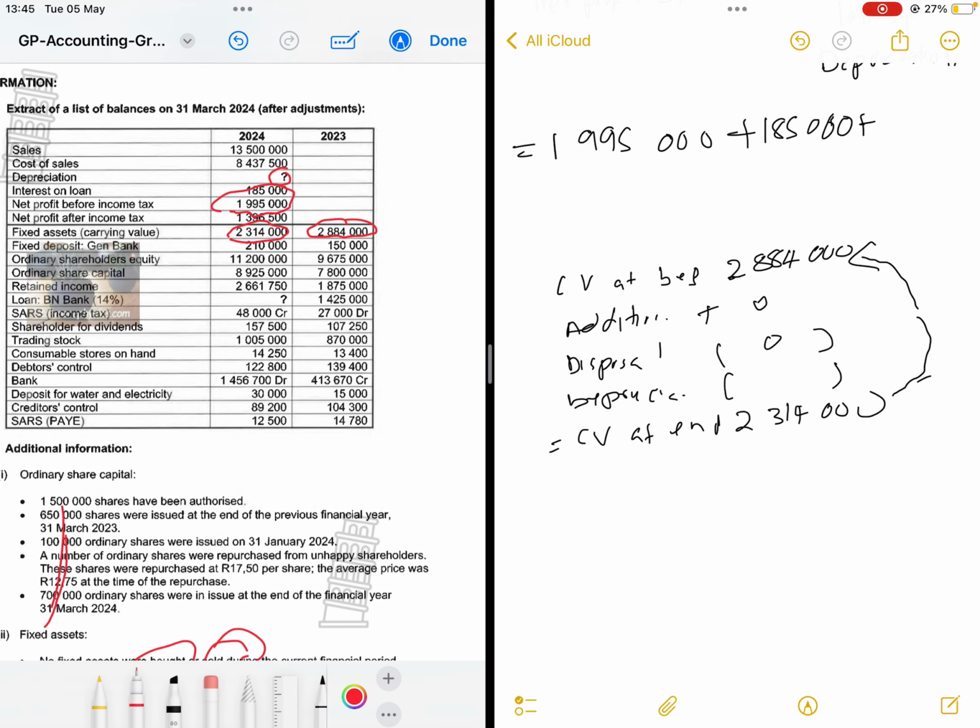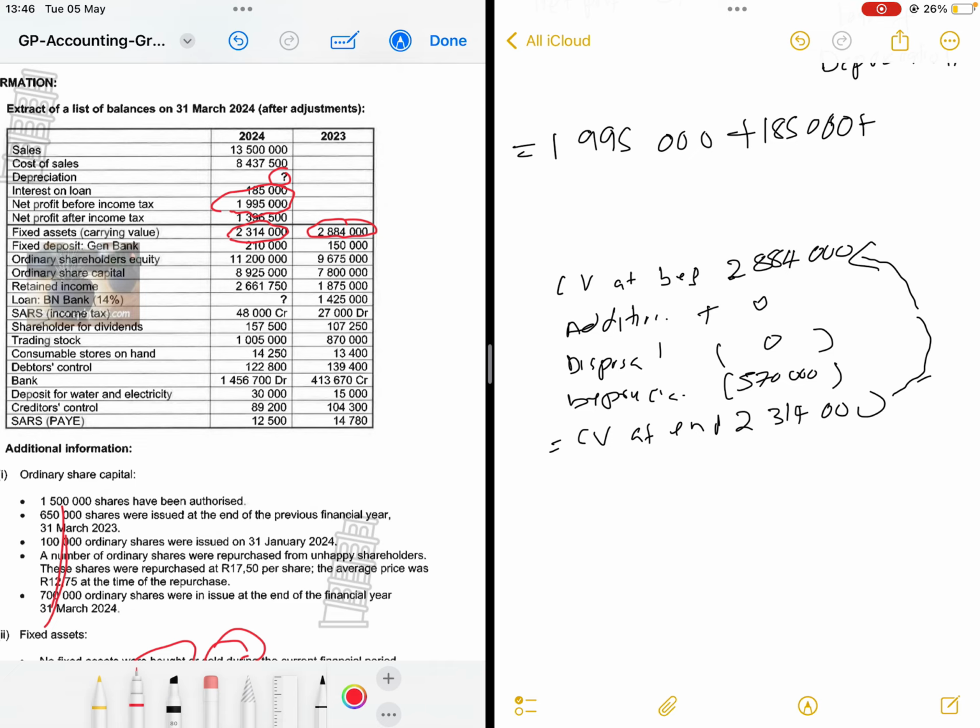Let me change the calculator. 2314 minus 2884 is 570. I get 570,000. So that is the depreciation.